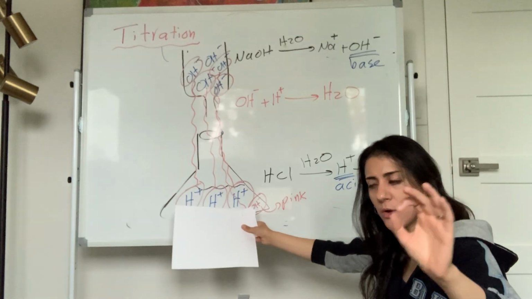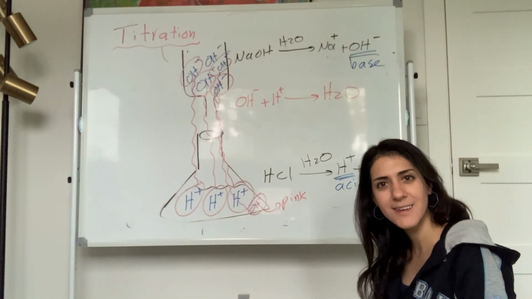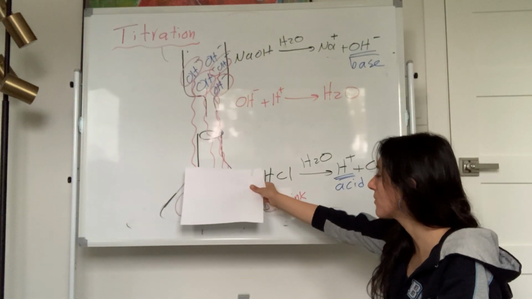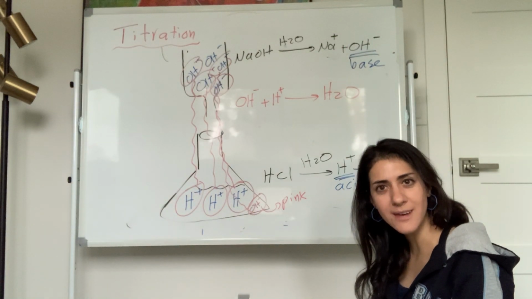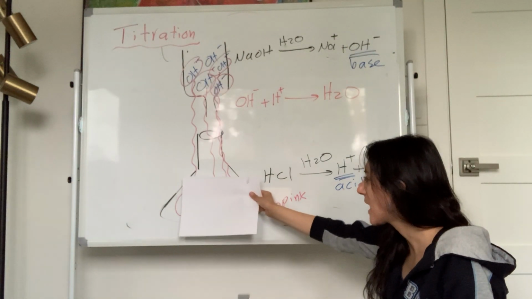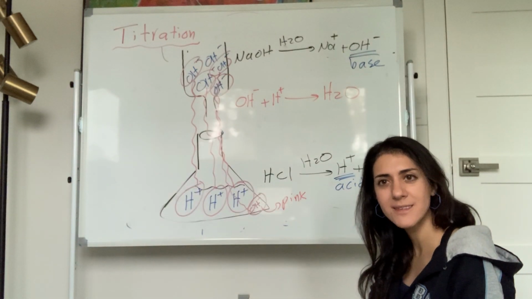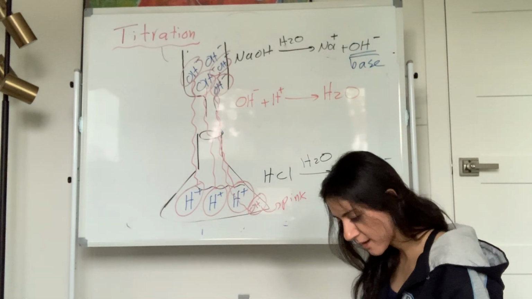So I added 3 OH before it turned pink. That means I had 3 H plus over here. That means I had 3 H plus down here. So you can figure out how much acid you have down here based on how much of the base you added. You guys follow that hopefully? Okay, nice job. So this is kind of cool.